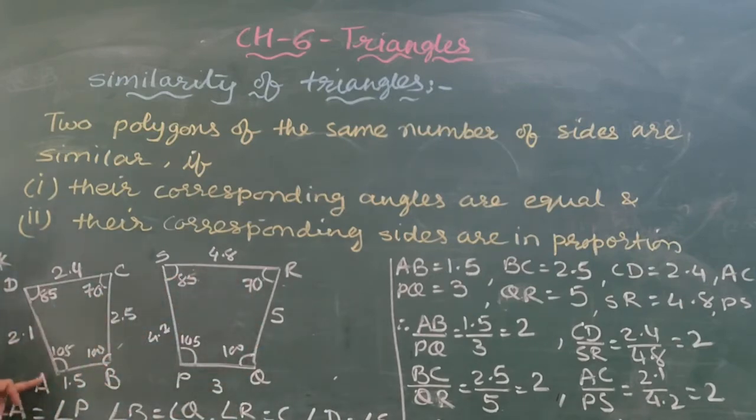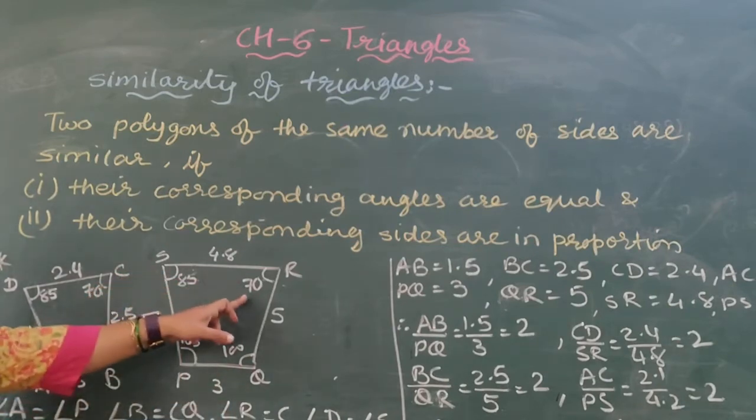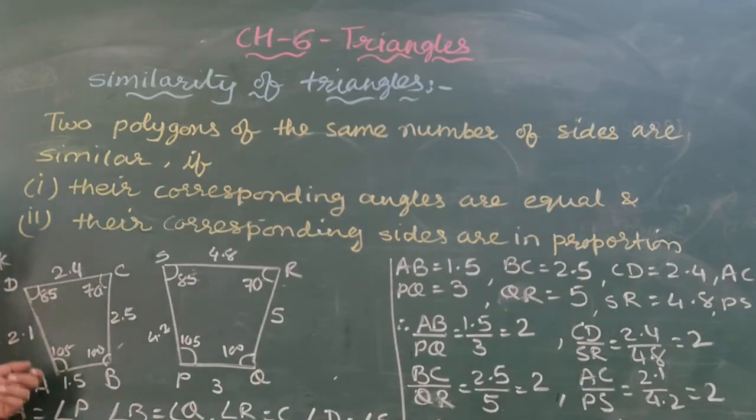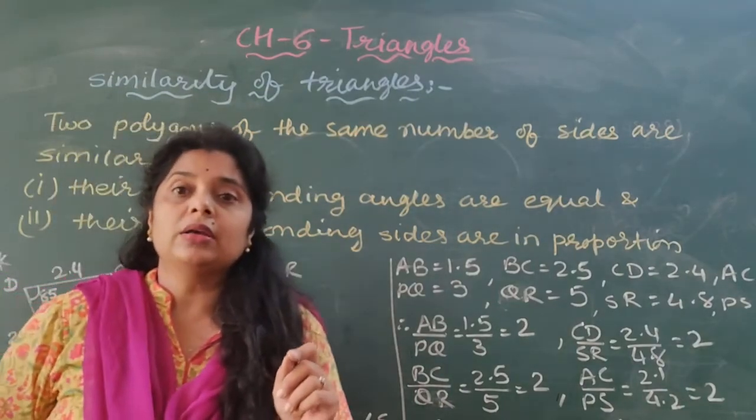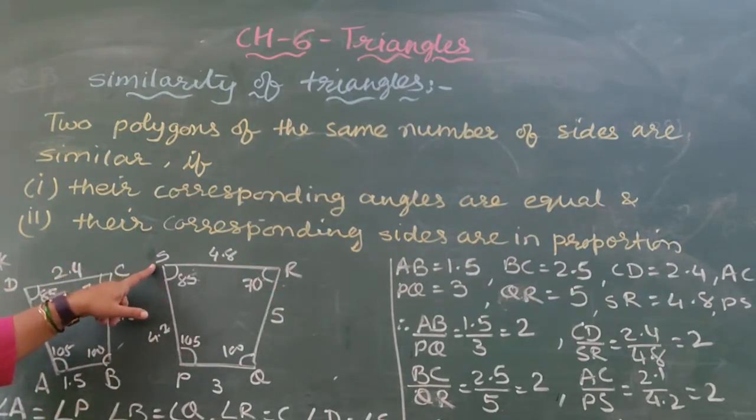Here angle A is 105, angle P is 105, B is 100, Q is 100, C is 70, R is 70, D is 85, S is 85. So the corresponding angles, it means those angles which are the same here. Angle A and angle P are both the same. Angle A is equal to angle P. Angle B is equal to angle Q. Angle C is equal to angle R. And angle D is equal to angle S.